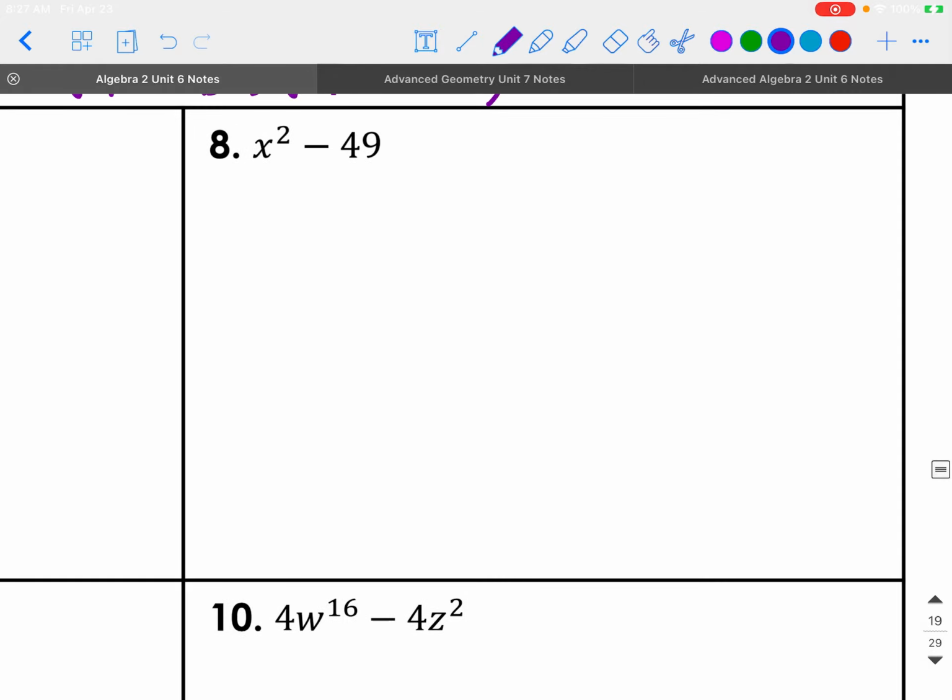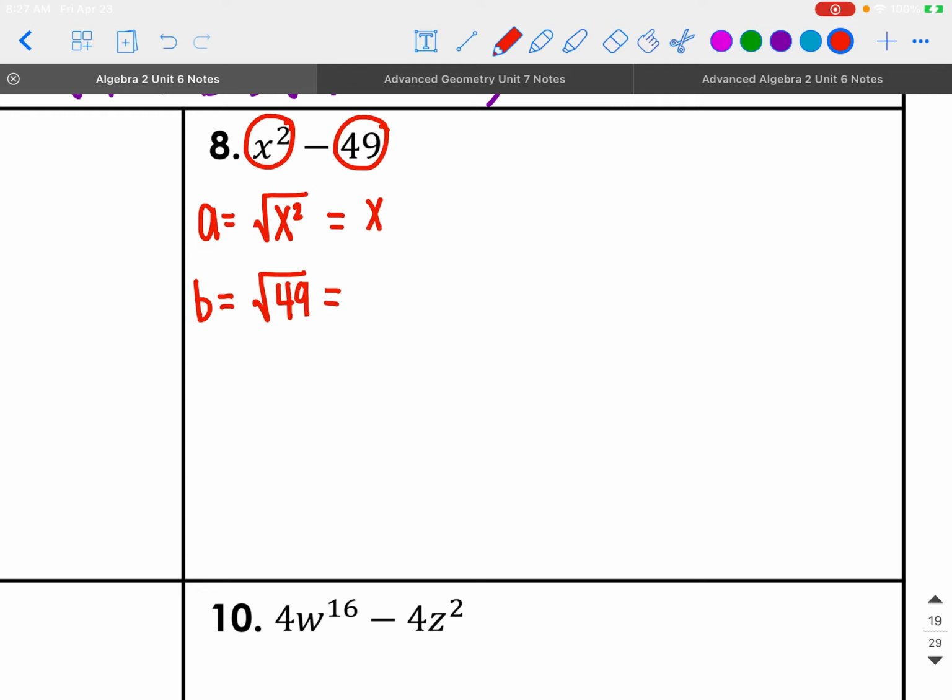So number 8, let's look for a GCF. Is there anything that x squared and 49 have in common? No, there's not a GCF. So my A, I'm going to do the square root of x squared, which is x.